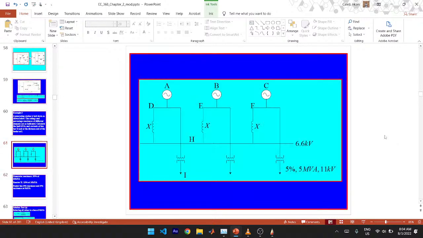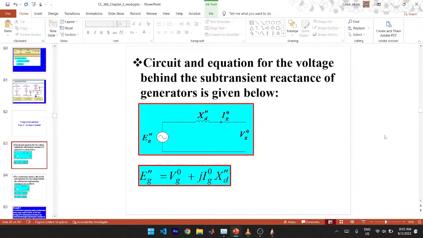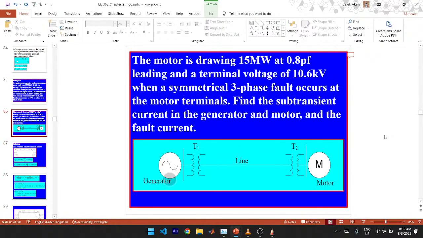Same for here. Generator, no load, no motor. But here, the generator is supplying through to the motor, so it's loaded. But the fault is not occurring at the terminal of the motor. Get it? So it depends on where the fault is occurring. So that's how you go about it.